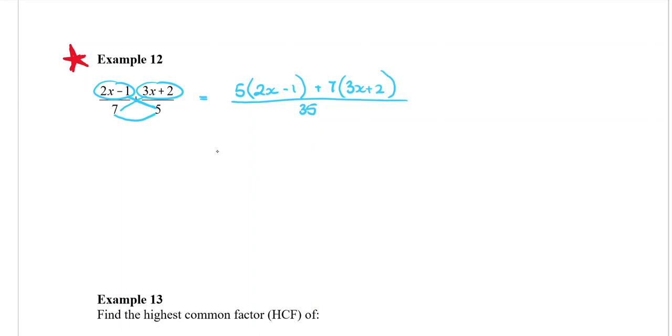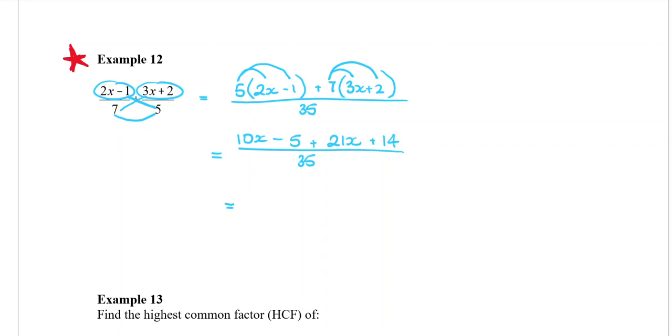Okay, so here comes the expanding. Now I'm going to go across the top of that fraction and expand those brackets out. 5 times 2x makes 10x, minus 5 times 1, which is 5. Then plus 7 times 3 is 21x, and 7 times 2 is plus 14. This still has to have a 35 on the bottom. It's just sitting there.